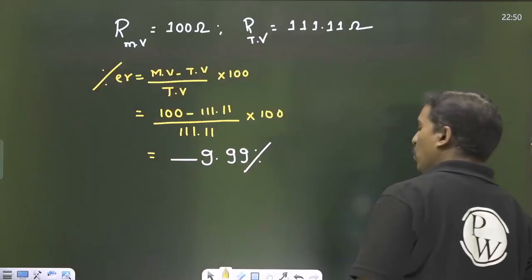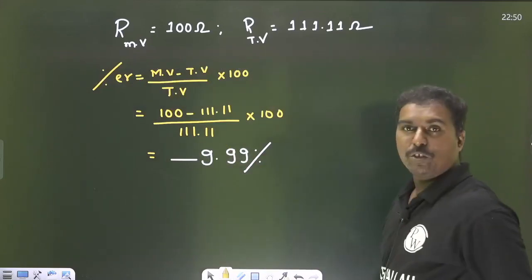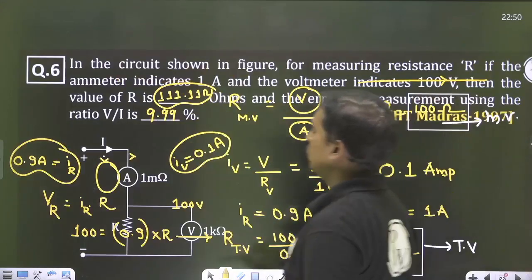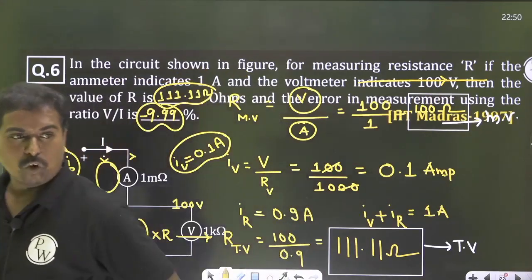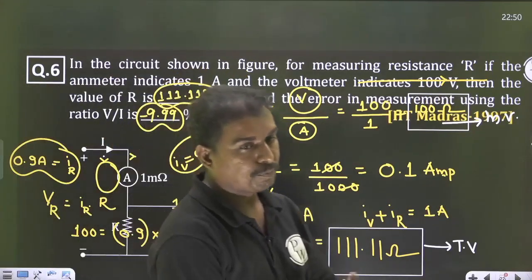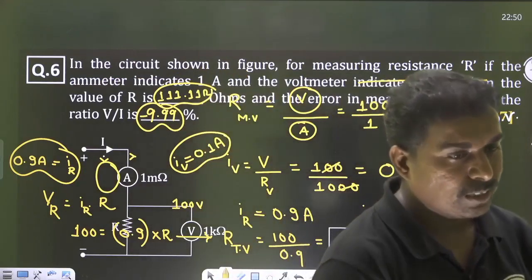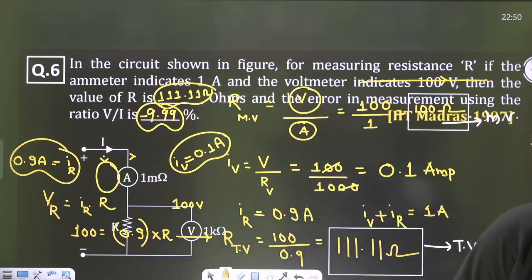So don't forget the minus, because your true value is bigger. Got it?